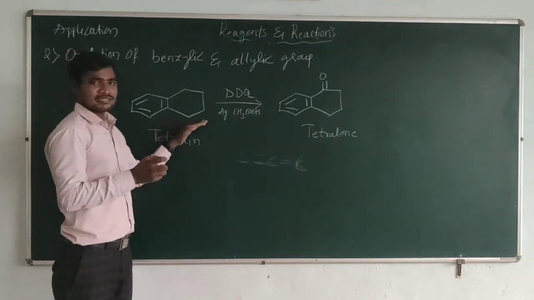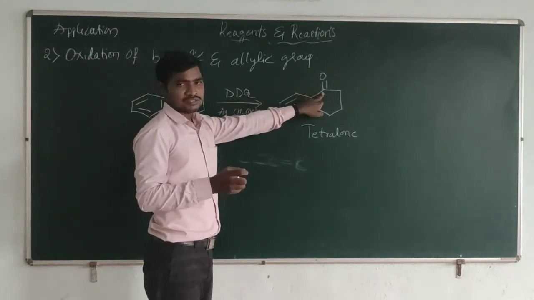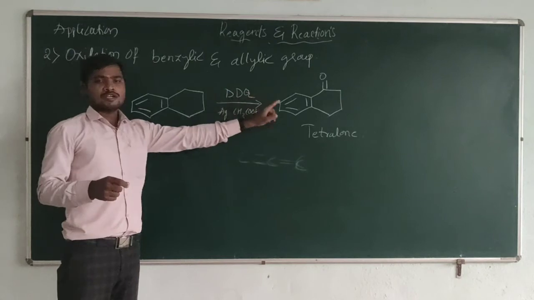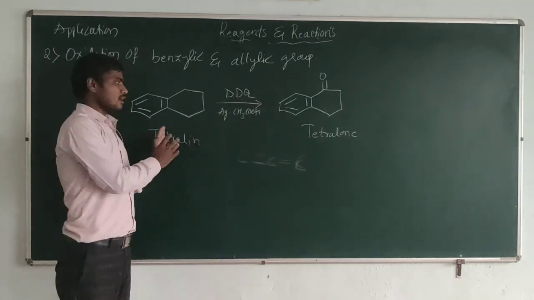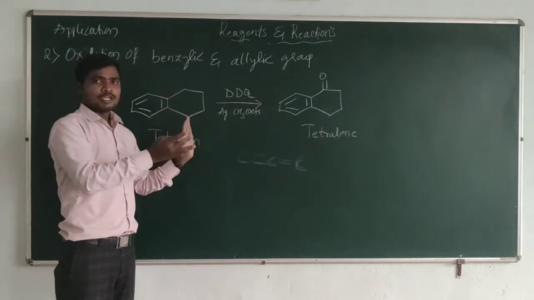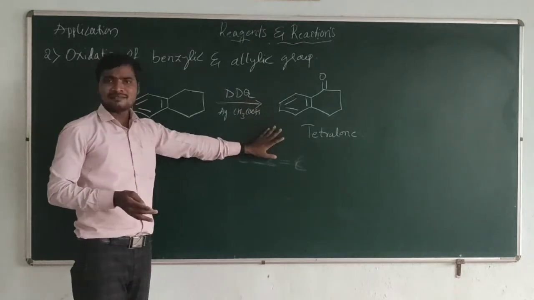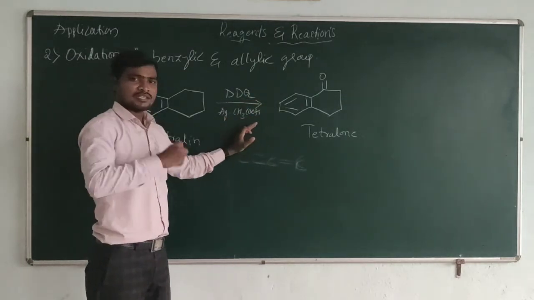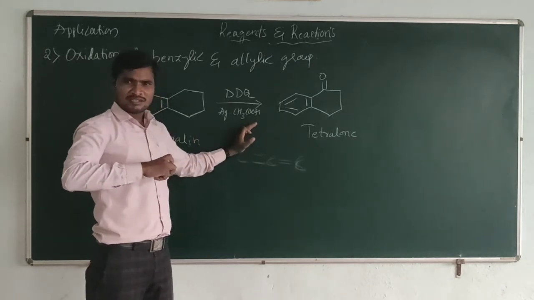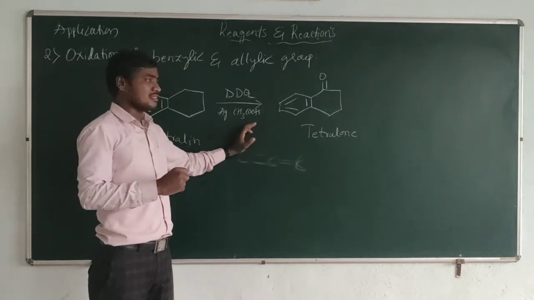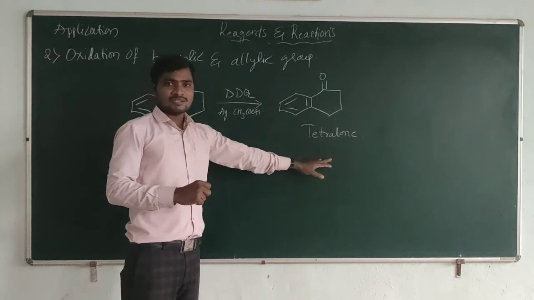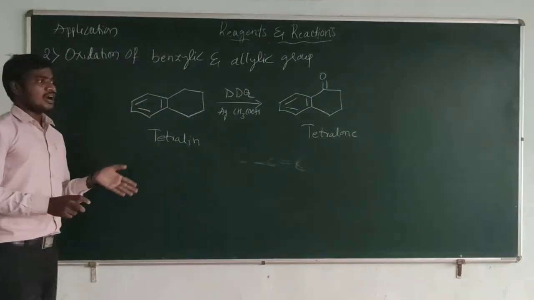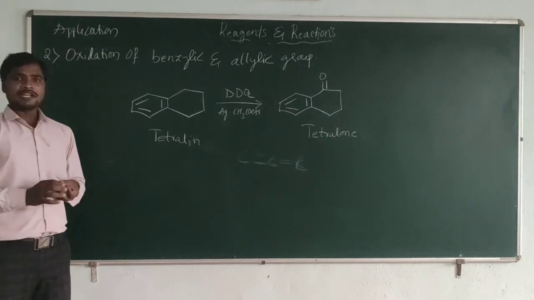Here the addition of oxygen takes place, converting tetraline into a tetralone molecule. In this conversion it forms an intermediate benzylic acetate, which after hydrolysis converts into the oxidized product, tetralone.